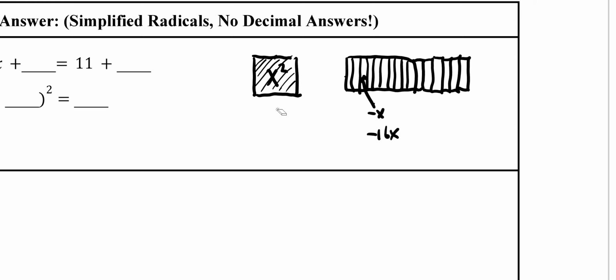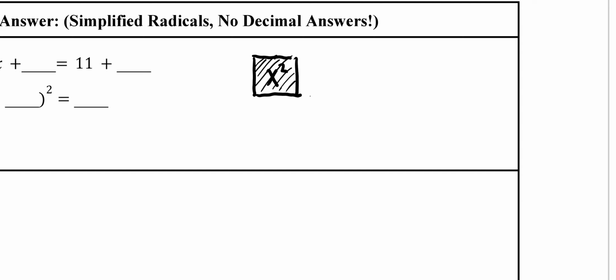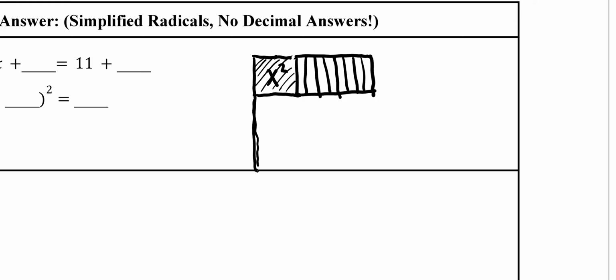And the only way to really create a square out of this is if I take half of these and put them up and half of them and put them down. So I'm going to call that negative 8. There's a 2, and now we've got 4, and now we've got 8. And then the other half over here.